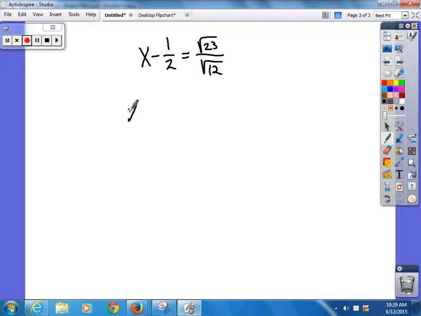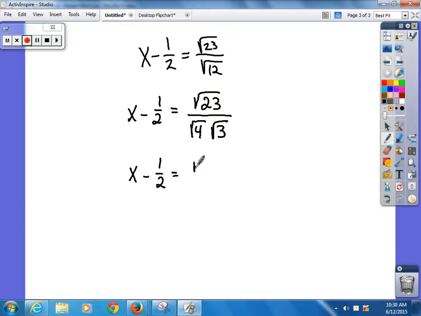So x minus 1/2 is equal to the square root of 23 over the square root of 4 times the square root of 3. Now what's the square root of 4? 2. So x minus 1/2 is equal to the square root of 23 over 2 square root of 3.